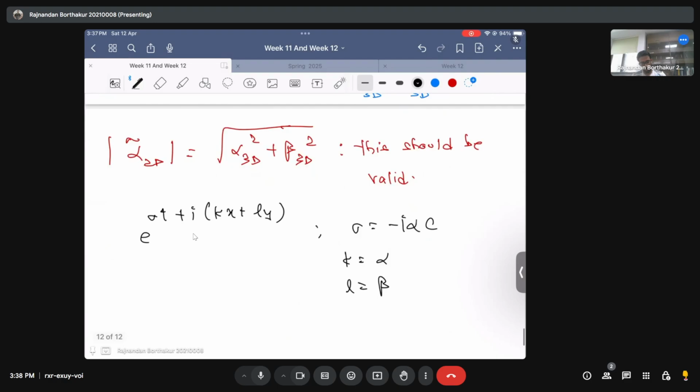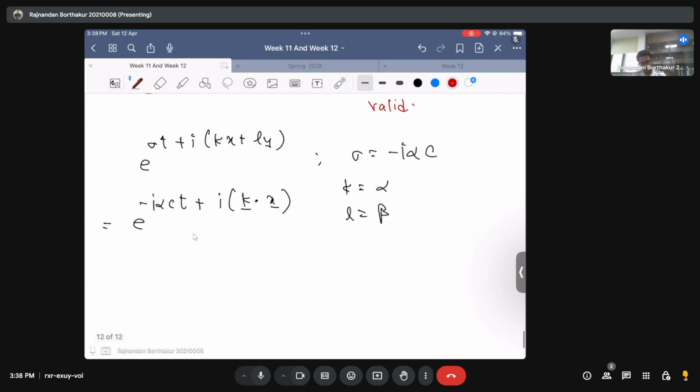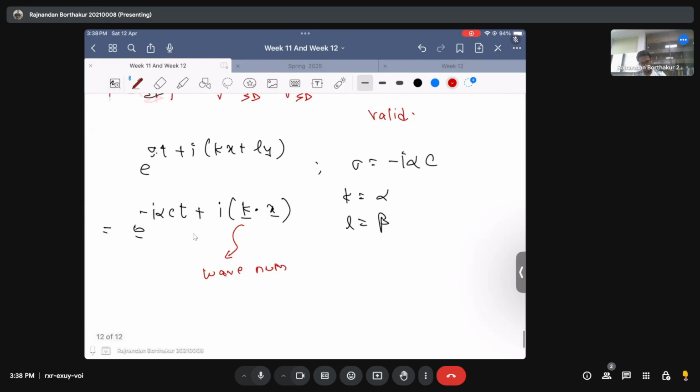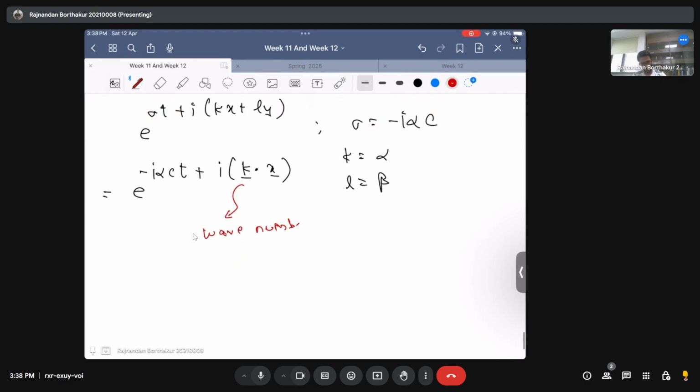So I can write this as e power minus i alpha c t, and the other term as i times some k vector dot x vector, where this k vector is known as the wave number vector.